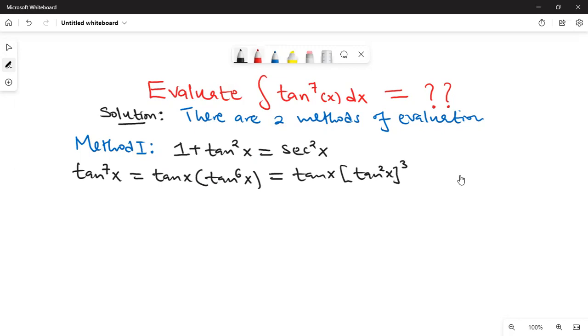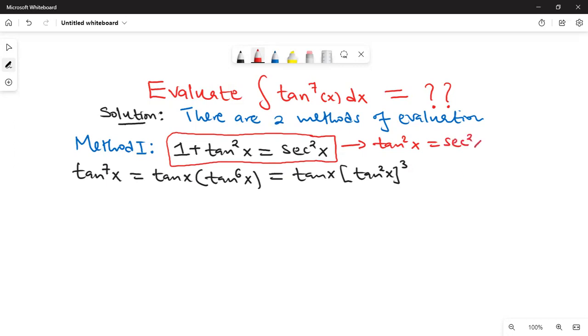Now we need to replace tan squared x. You can find it from this identity that 1 plus tan squared x is equal to sec squared x. So when you make tan squared x the subject, you get tan squared x is equal to sec squared x minus 1.